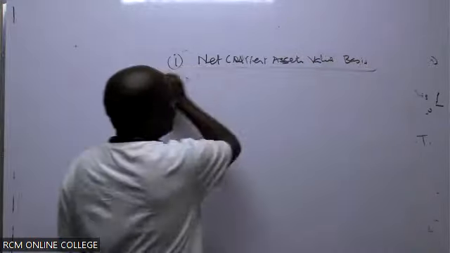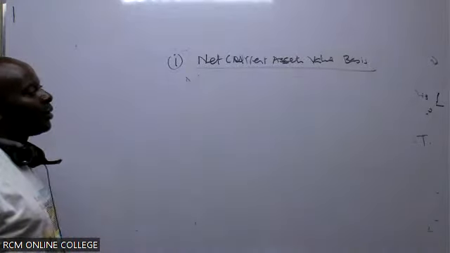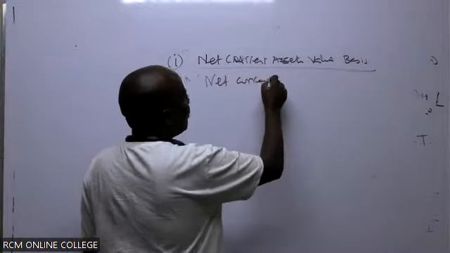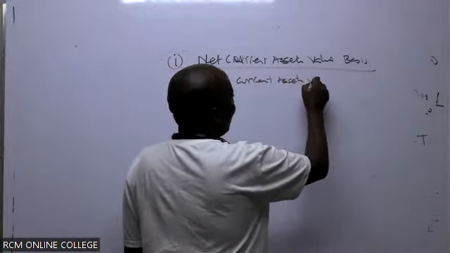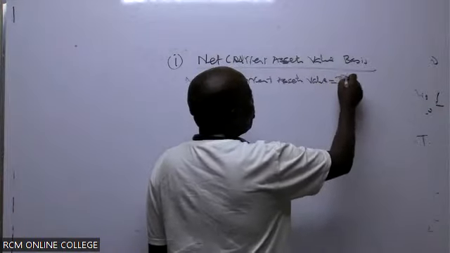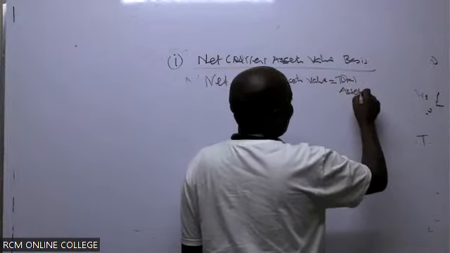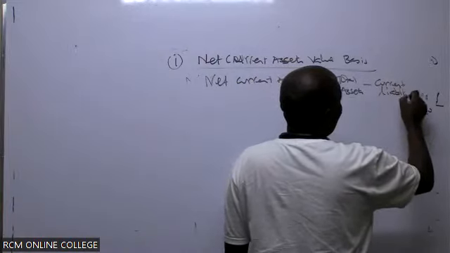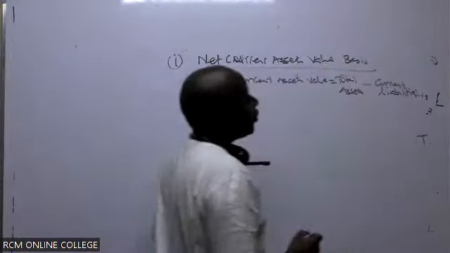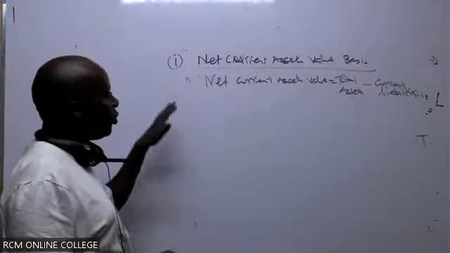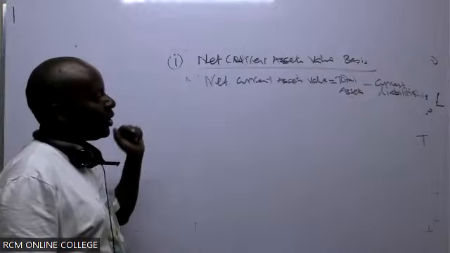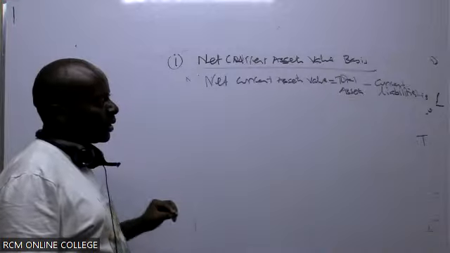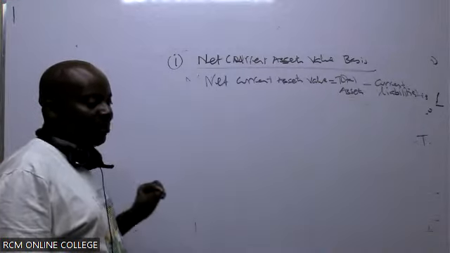It is where we take total assets minus current liabilities. So if I were you, I would use the two methods and write it this way: net current assets value is total assets minus current liabilities.